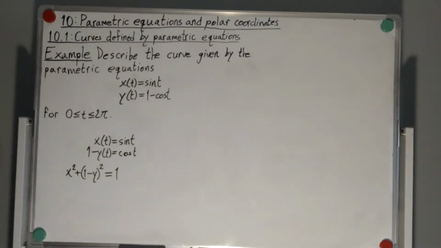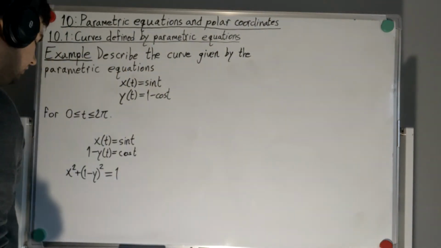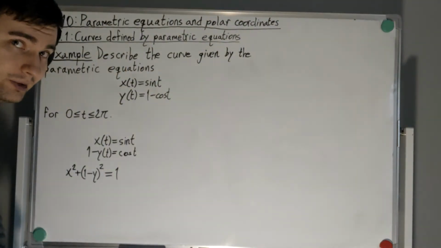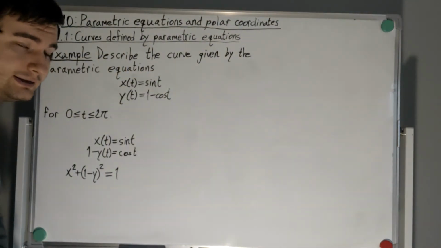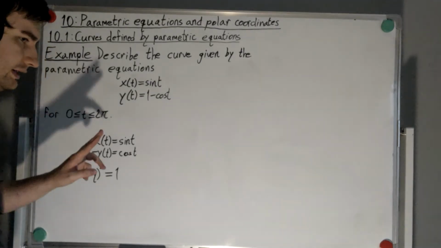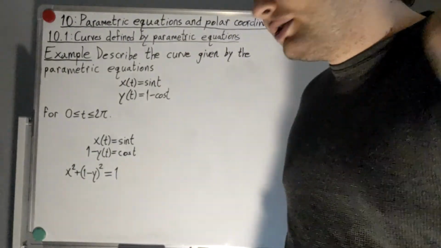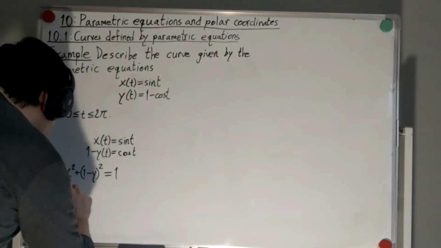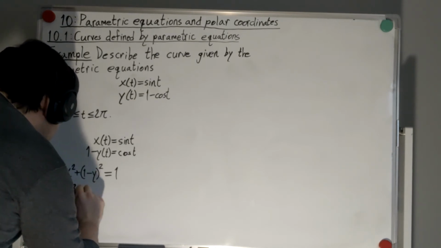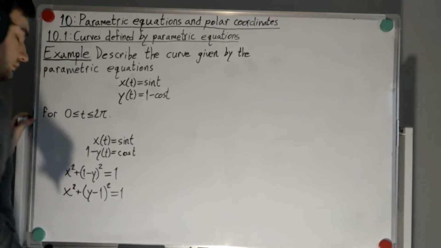All right. And then, you might not see it immediately, but this is a circle. This is a circle because 1 minus y squared is the same as y minus 1 squared. So actually, what's going on here is we have x squared plus y minus 1 squared equals 1.